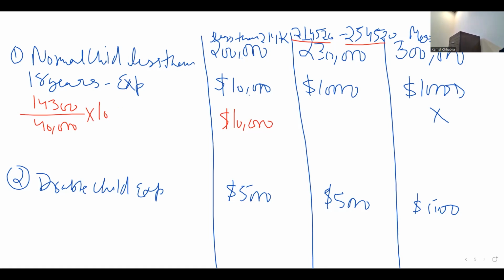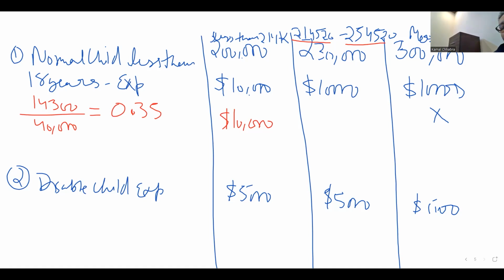Sorry. First, let's calculate per dollar: 14,300 divided by 40,000. How much is it? 0.35. That means 0.35 per dollar.